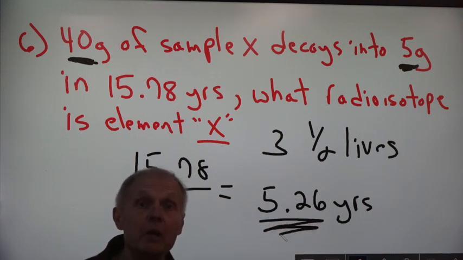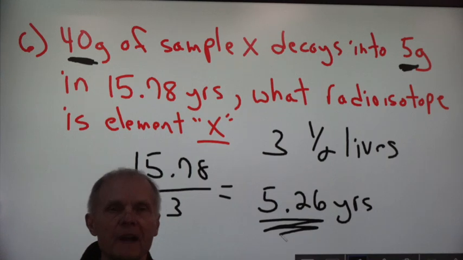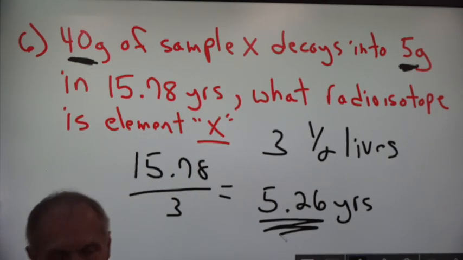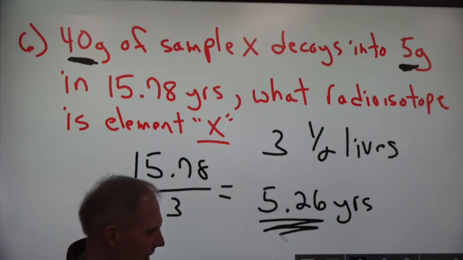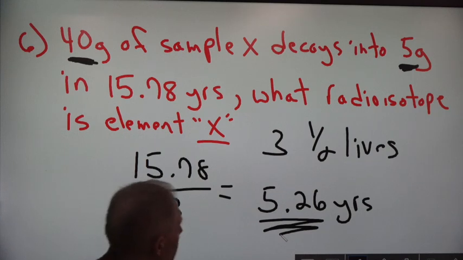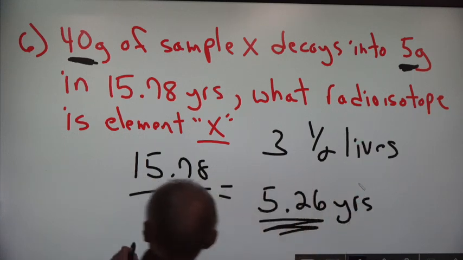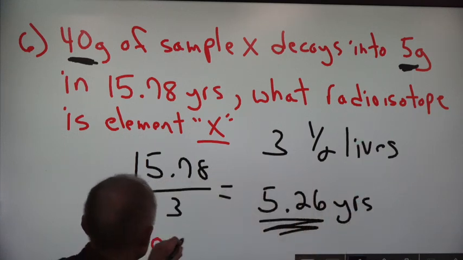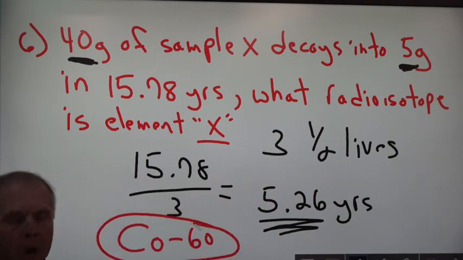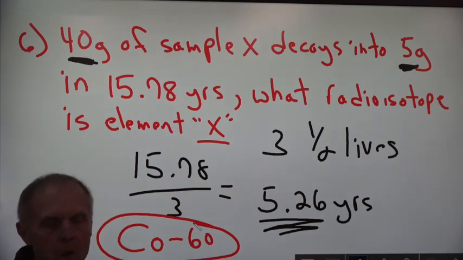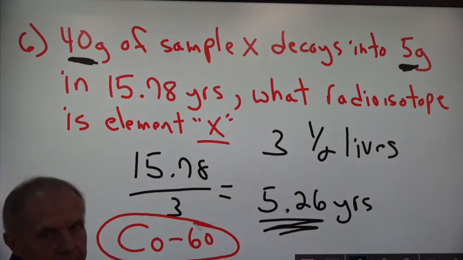That's the half-life. But this question wants to go further than just finding what 1 half-life is. It wants to know what the radioisotope is. So we look on our handy-dandy chart for 5.26, and we find out that the answer is cobalt-60.